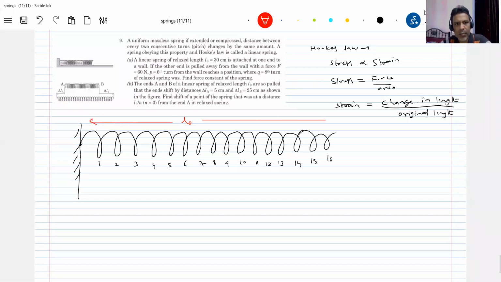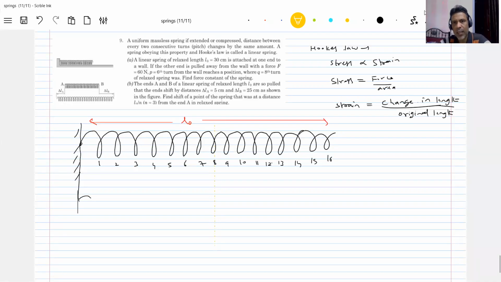So let's assume that 16 turns are there. Now what I do is, this will be the position. The sixth turn. I'm taking this account from the question.